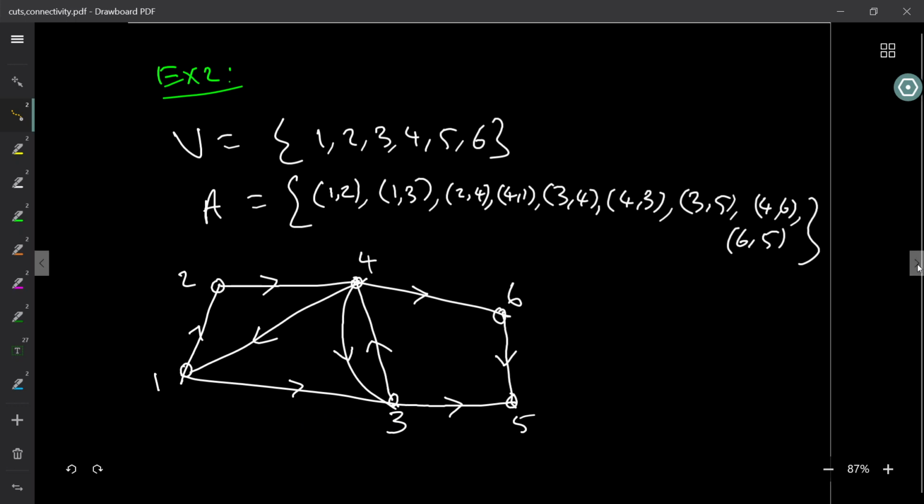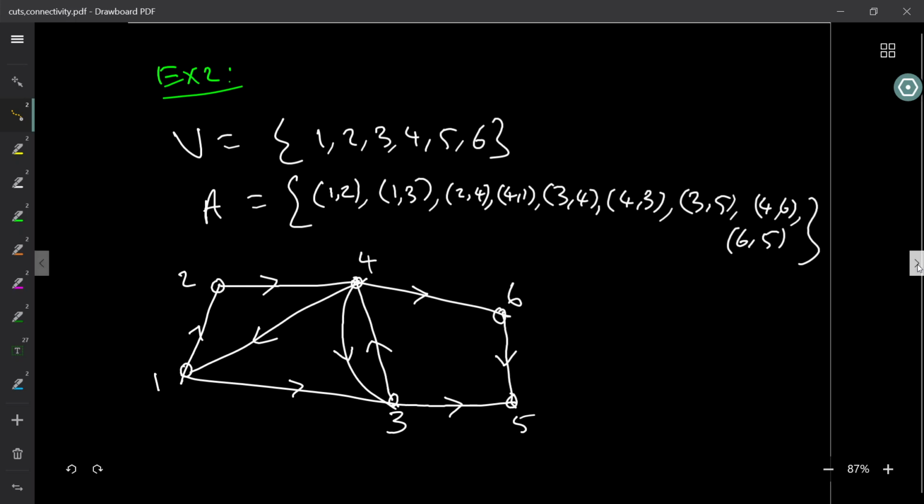So like that, 4 to 1 and all this. All the directions are marked by the arrows. And because (3,4) and (4,3) are both pairs appearing, you have these two going in both directions. So that is the graph.